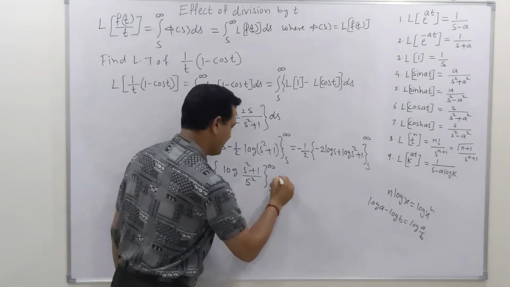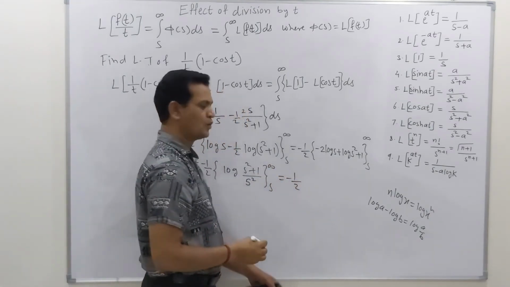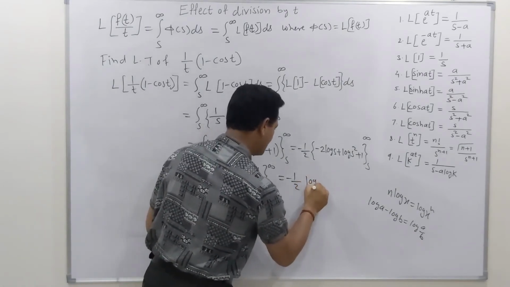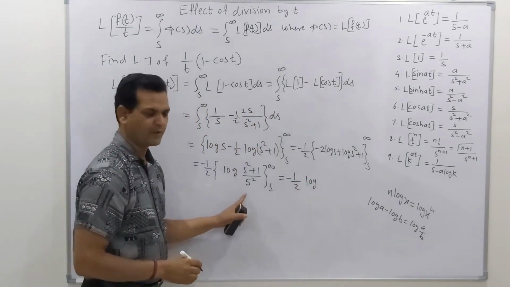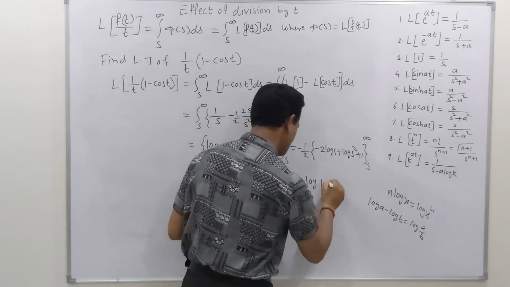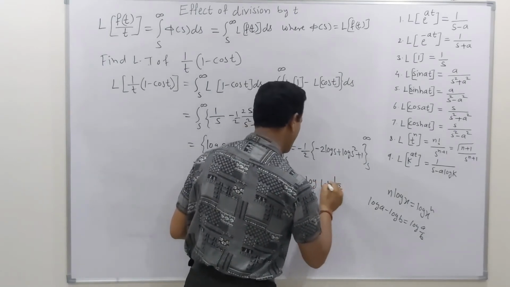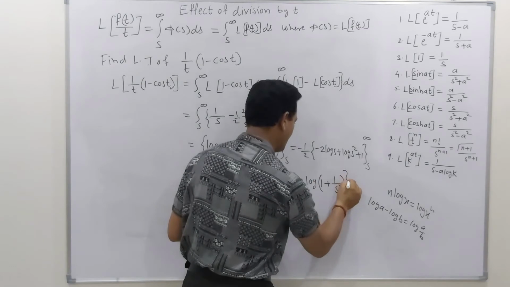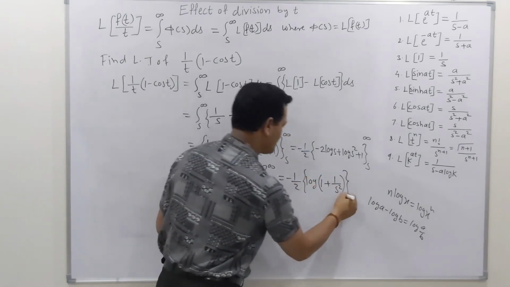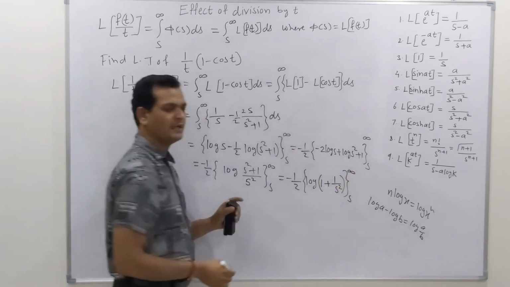Moreover, we can write this term as 1 upon 2 as it is, then log of, where s square upon s square gets cancelled, so this is 1 plus 1 upon s square, and its limit is s to infinity.